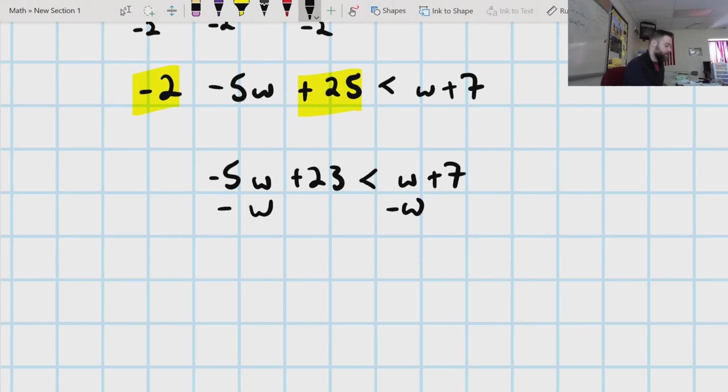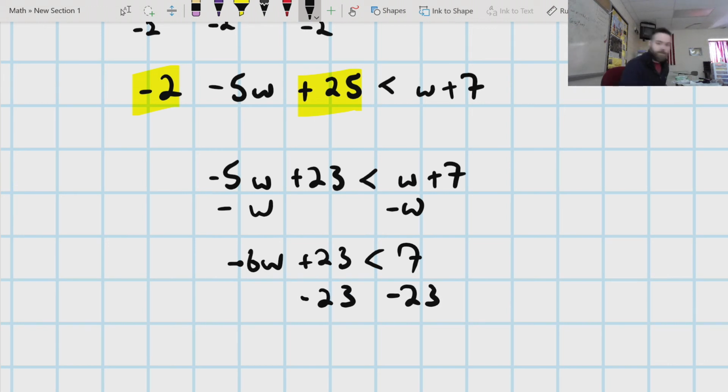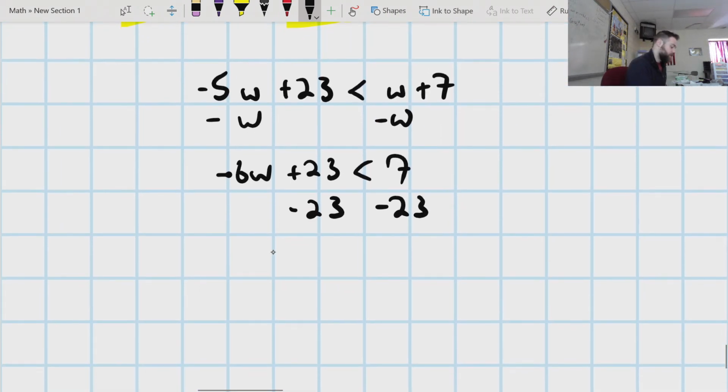Negative 5w minus w is negative 6w is less than 7. And now I want to move that 23 to the right-hand side, so I subtract 23 from both sides, and I get negative 6w is less than 7 minus 23.